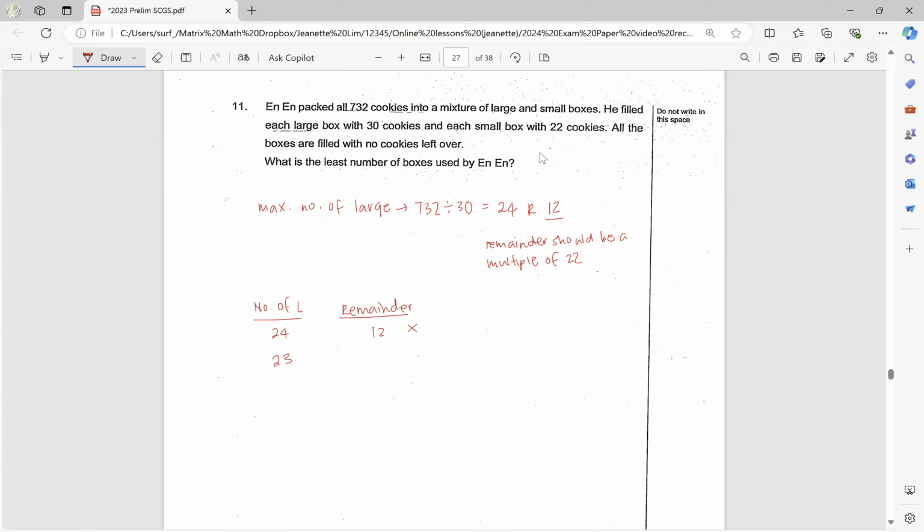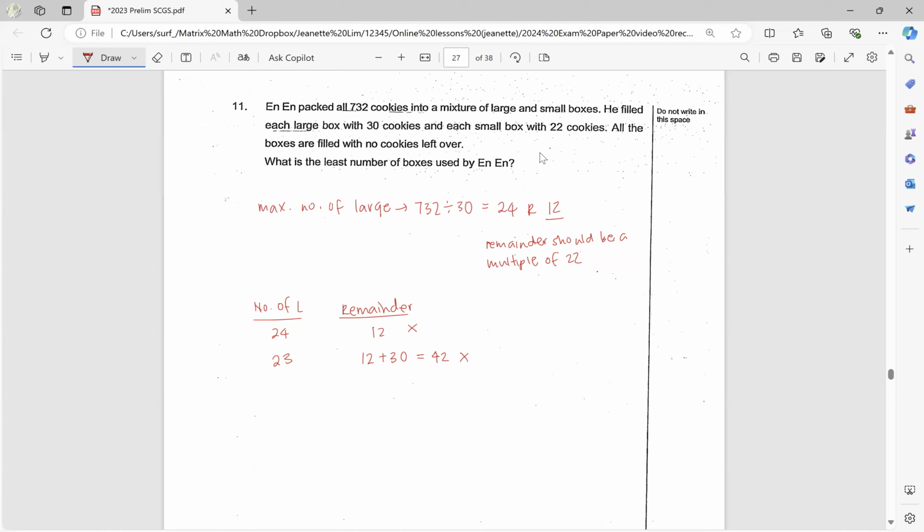This means that I'm removing all the cookies in one of the large boxes, and the cookies that I've removed will join the remainder. Each large box is 30, so I'm taking out 30. The remainder now has 30 more, which is 42. Now this 42 will not fit nicely into the small boxes because it is not a multiple of 22.